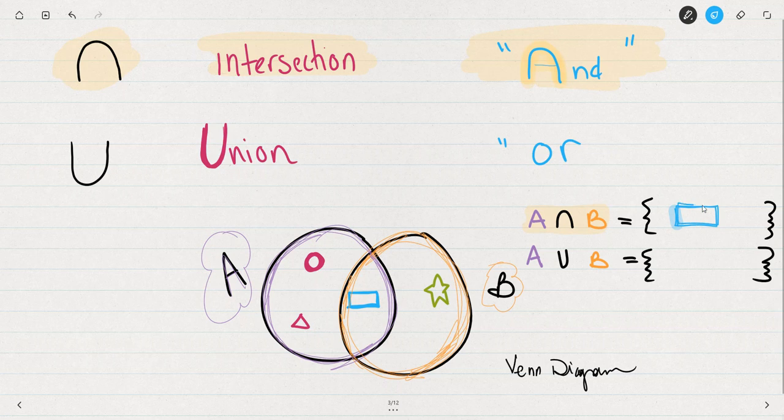So the shape that's in both is the blue rectangle.